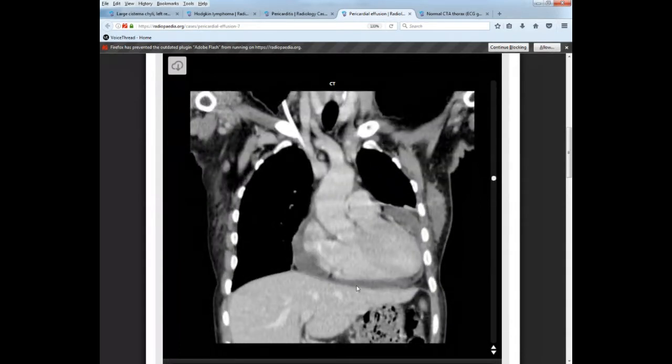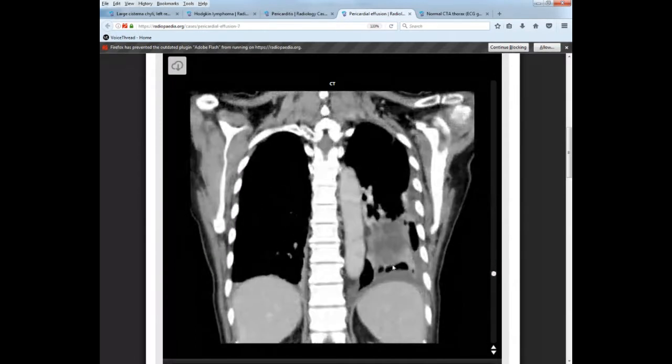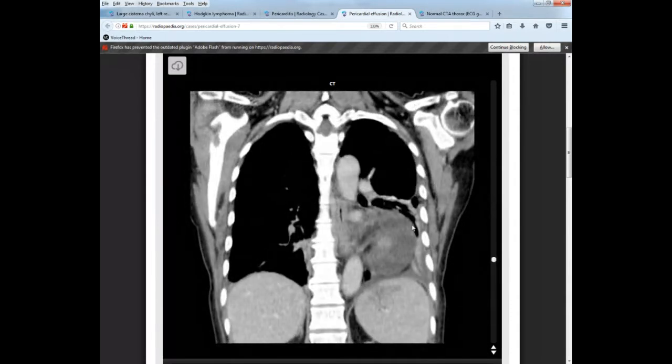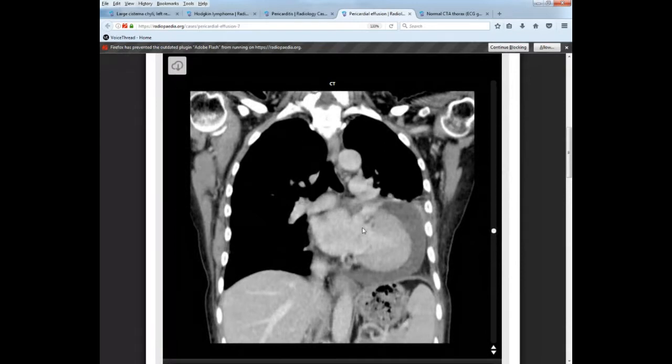Our inferior surface is our diaphragmatic surface. And then the left surface of the heart over here is your pulmonary surface. Okay, so those are your surfaces. Those are your basic anatomy, and then radiographically speaking, right, left, superior, inferior.